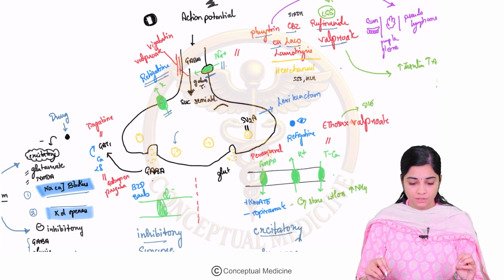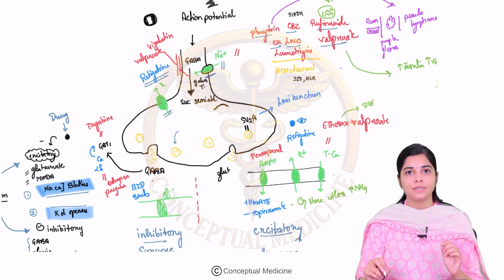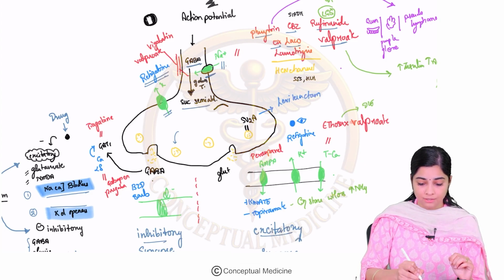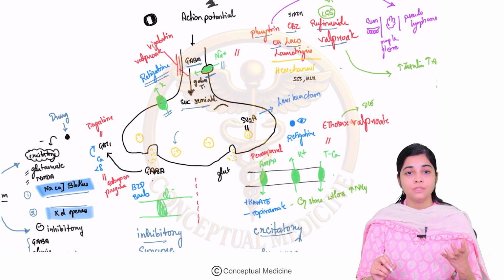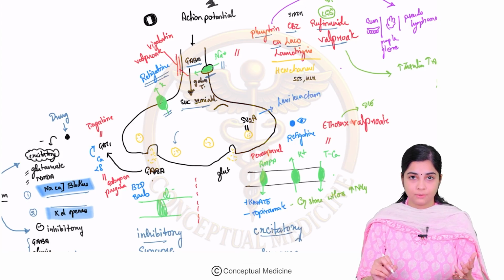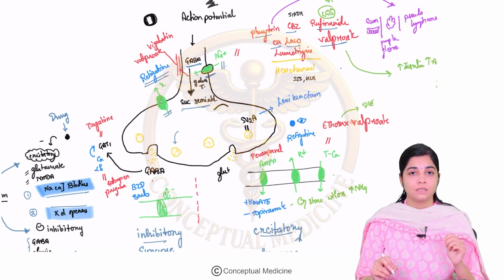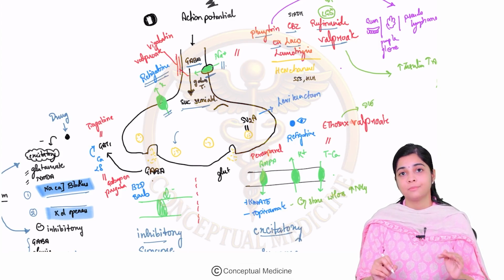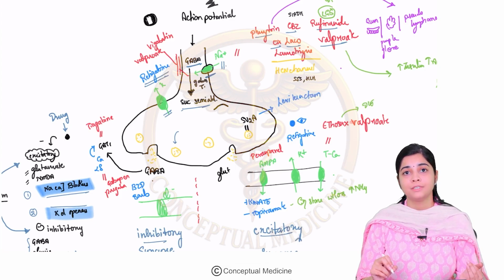Okay, fine. Also, we know that GABA is an inhibitory neurotransmitter, and GABA is broken down or metabolized into succinate semialdehyde. Okay, so GABA is an inhibitory neurotransmitter. GABA is metabolized into succinate semialdehyde. Now, do you want the GABA to be metabolized or do you want the GABA levels to go up?